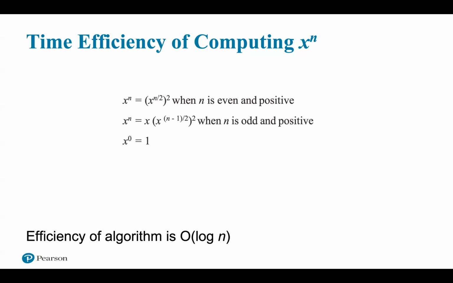These multiplications are O(1) operations. Thus, the execution time for power(x, n) is proportional to the number of recursive calls. The recurrence relationship that represents the number of recursive calls, and therefore the method's time required to compute.